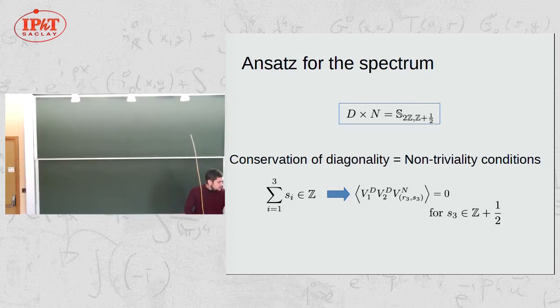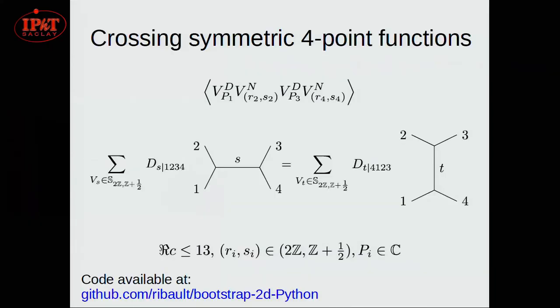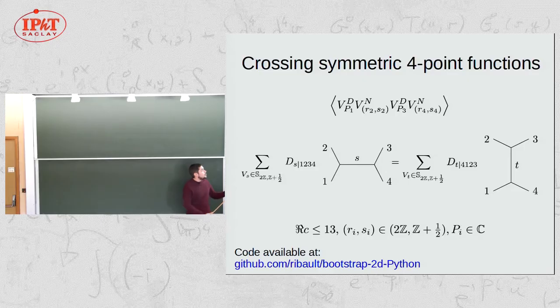So now that we have an ansatz for the non-diagonal spectrum, we can finally compute 4-point correlation functions. We will take a 4-point function which contains 2 diagonal fields and 2 non-diagonal fields belonging to this spectrum.